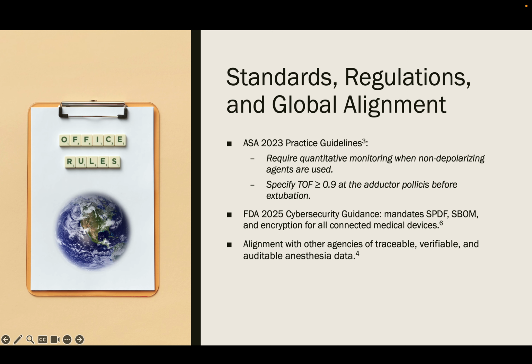The FDA's 2025 cybersecurity guidance further mandates encryption, a security product development framework, and a software bill of materials for connected medical devices, ensuring that EMG systems transmitting patient data remain secure and compliant. Together, these standards align clinical accuracy, digital integrity, and patient safety.